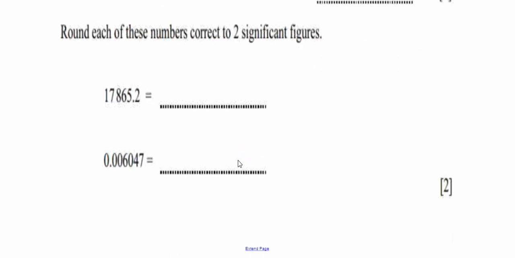Round each of these numbers correct to 2 significant figures. My goodness, 2 significant figures. I've taught you significant figures, but let me do it. We have this number 178.652. Now we need 2 significant figures, but how many significant figures are here? 1, 2, 3, 4, 5, 6 significant figures.